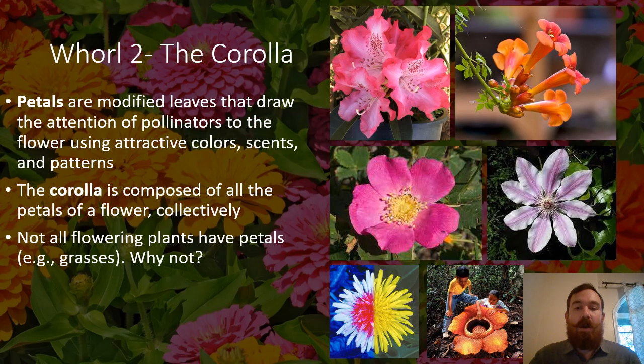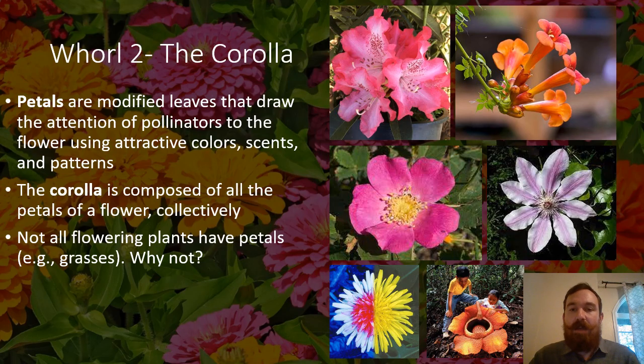Okay. Our second whorl of our flower is the corolla, which is composed of petals. And if we look at this rose, for example, we can see that there are 5 separate petals that make up the corolla. And this might be the configuration we're most familiar with, having these separate petals.